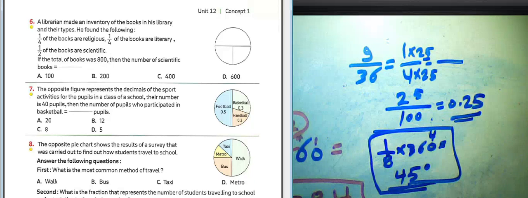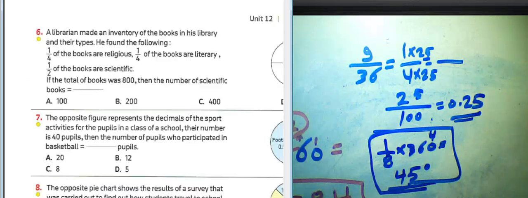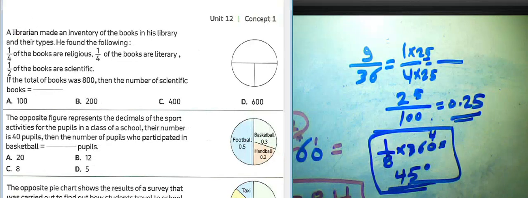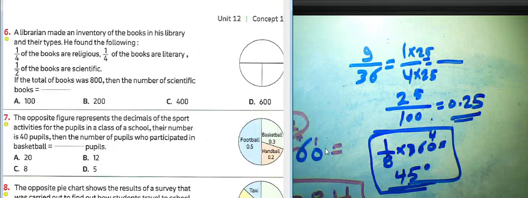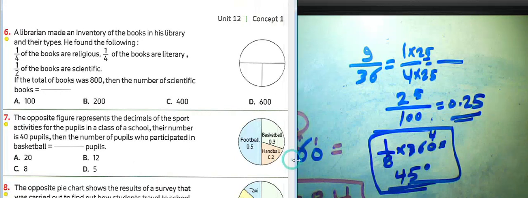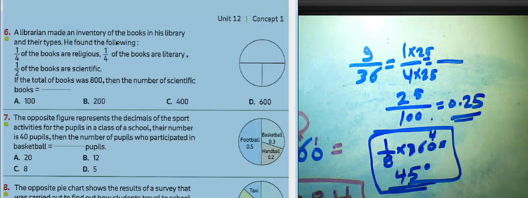Question number 6. Look at with me here. It's clear for you. Okay. A librarian made an inventory of the books in his library, and their types. He found the following: fourths of the books are religious, and fourths of the books are literary, and half of the books are scientific.